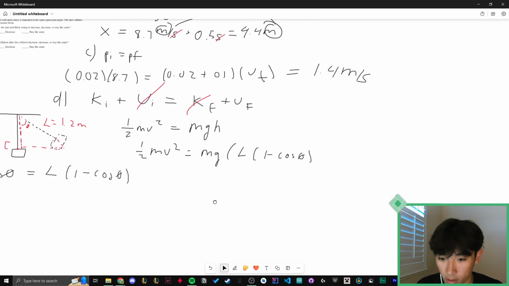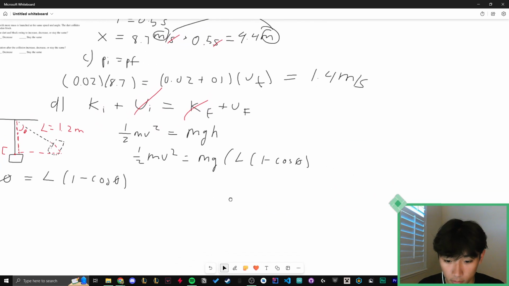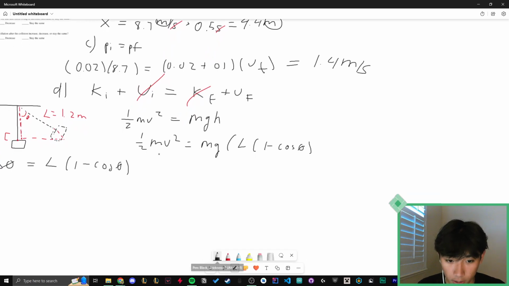Okay, now let's simplify this. The m's can cancel out because there's m on both sides. Divide by g, divide by L, add 1, and then reverse everything.